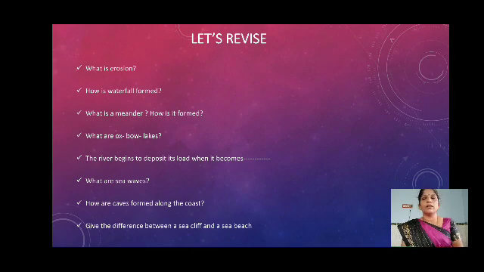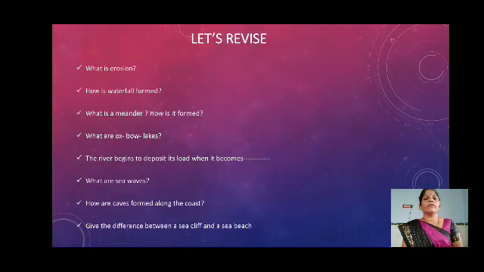What is erosion? It is the river course making the soil taken from one place to another place and deposited there. How is a waterfall formed? It falls from a steep place.